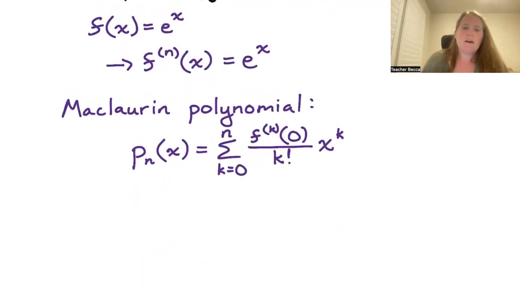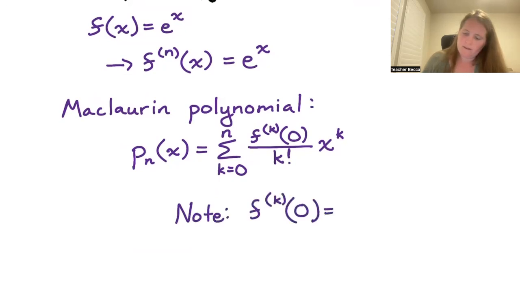So our kth derivative evaluated at 0 is just e to the 0th, or 1.